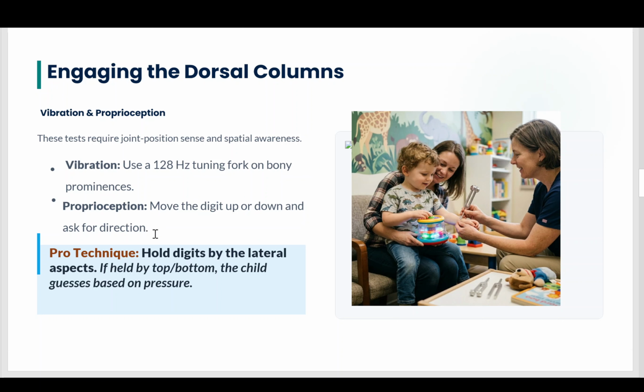We should not commit the error of holding the digits, for example with our fingers, from the top and bottom, because the patient can guess the movement based on the pressure applied. So these are the sensations which require an alert patient with good cognition who can cooperate with our questions and testing.